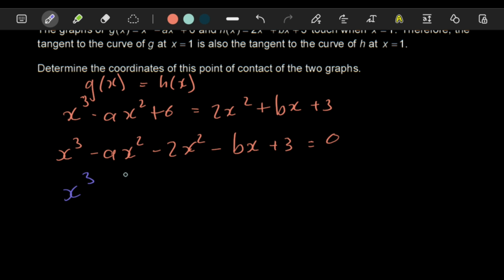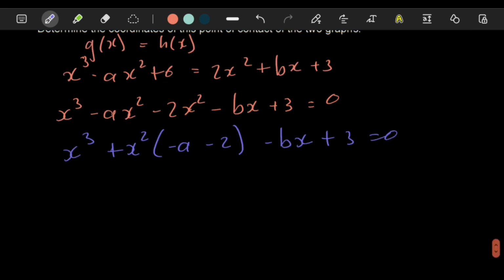This is x squared, right? So it's easier if you take out x squared as a common factor here. So you're gonna have x squared here, right? So you're gonna have negative a, negative 2, and then here negative bx, and then plus 3 is equal to 0.